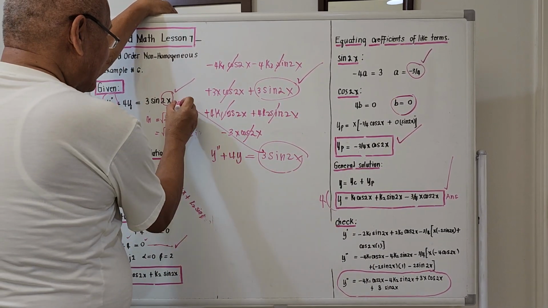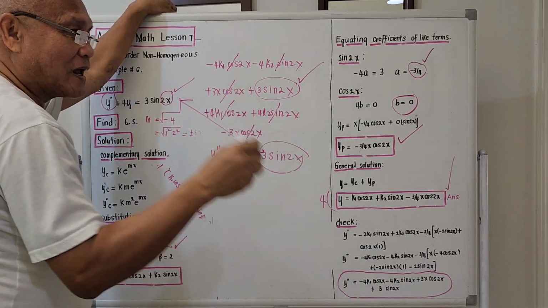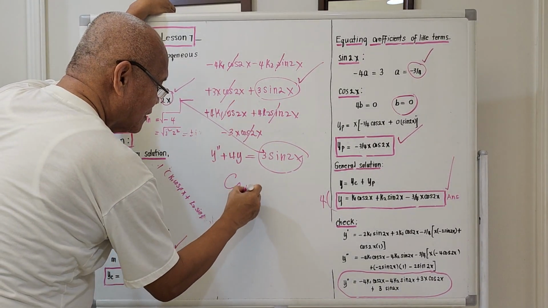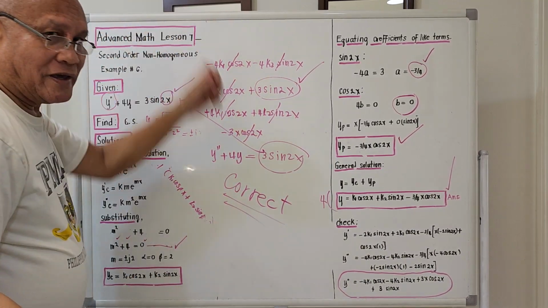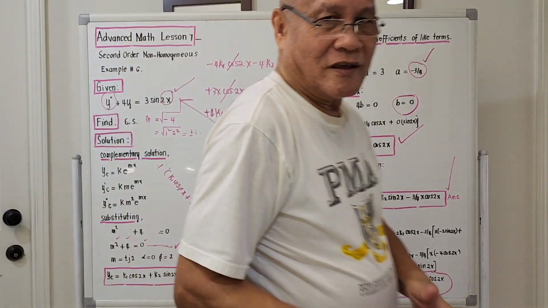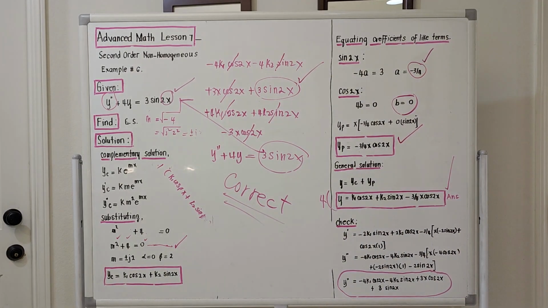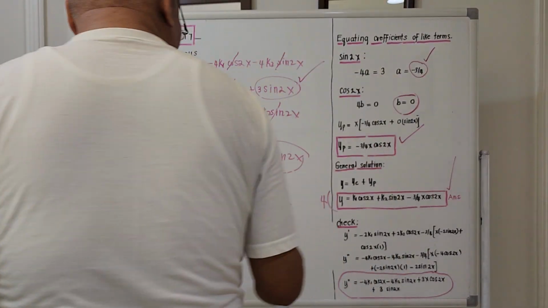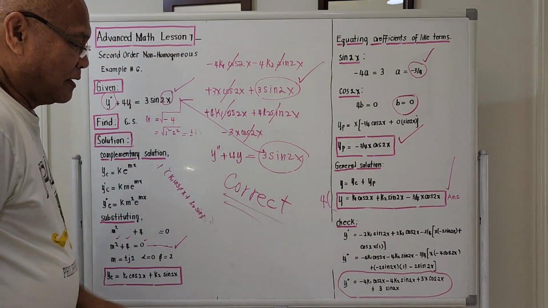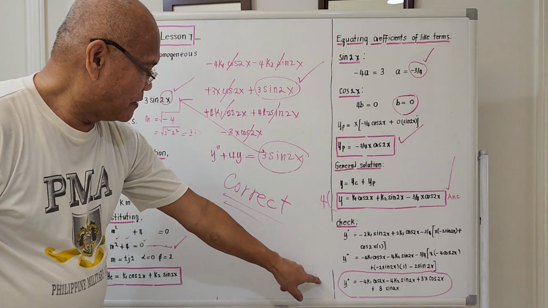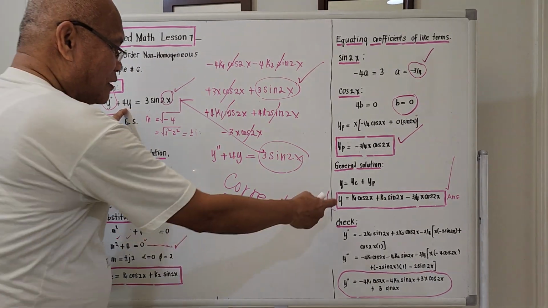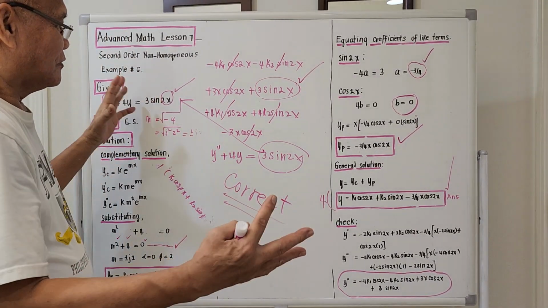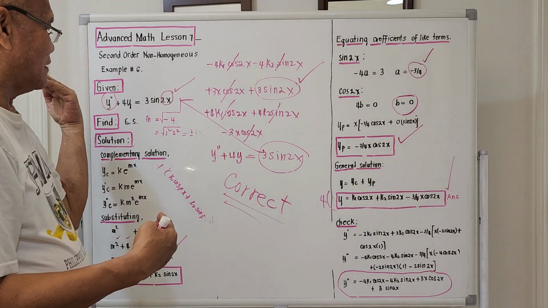So we are absolutely correct. Okay, that's it, guys. That's the proper way on how to check the validity of our answer. Taking the second derivative, you add the 4 times the total general solution, take the sum of the left hand side.